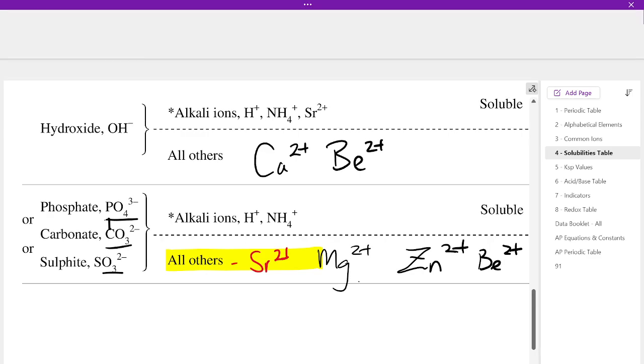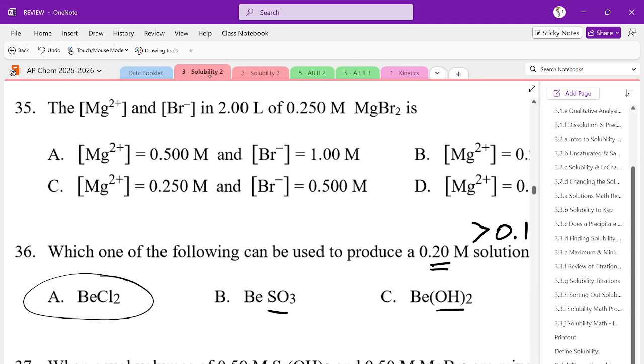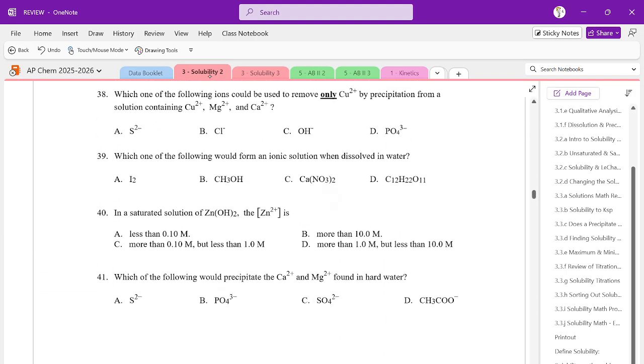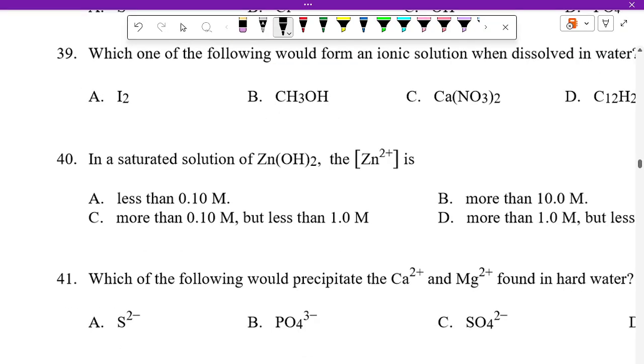Okay. 36 and now 40. In a saturated solution of zinc hydroxide, the zinc is, now we see this 0.1 molar, yes? I'm guessing that we're looking at, is this substance soluble or not soluble?